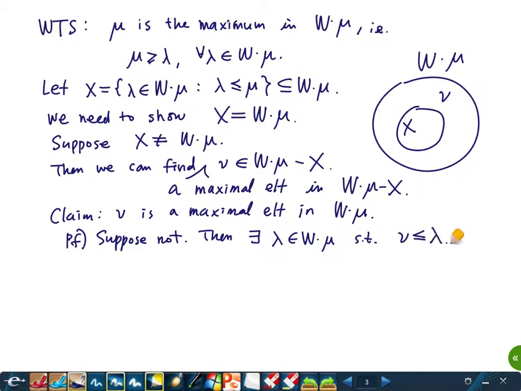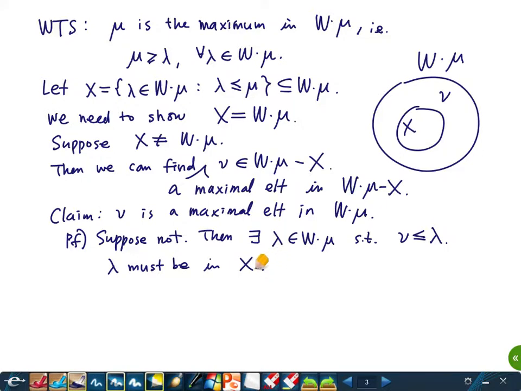If it's not maximal, there must be an element like that, because otherwise we call it a maximal element. But what is this lambda? Lambda must be in X. Is that right?